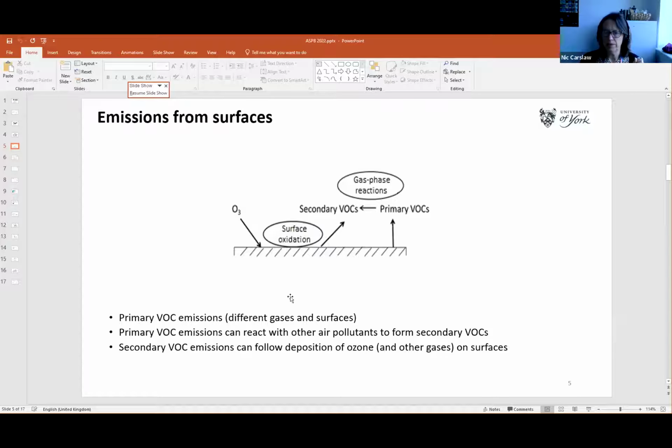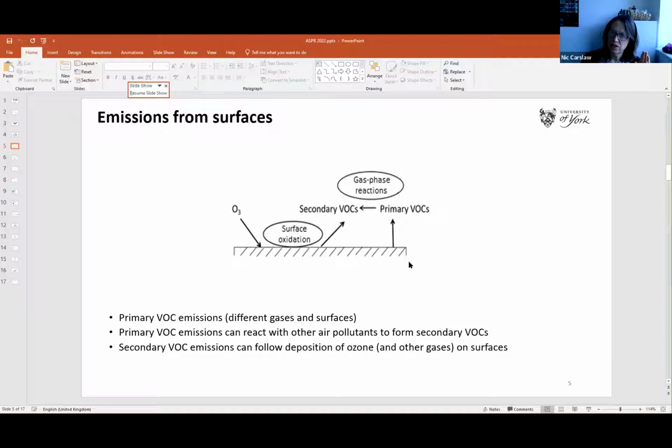Now, the other thing that can happen at surfaces is that you can get pollutants that exist in the indoor air, like ozone, and we know that this comes in from outdoors, it comes through windows. So this ozone can actually stick to the surface, particularly like sticking to carpet, as we'll see in a minute. And then you can get a chemical interaction at the surface, and then you can get secondary volatiles given off. So you've got all of these processes going on at the same time.